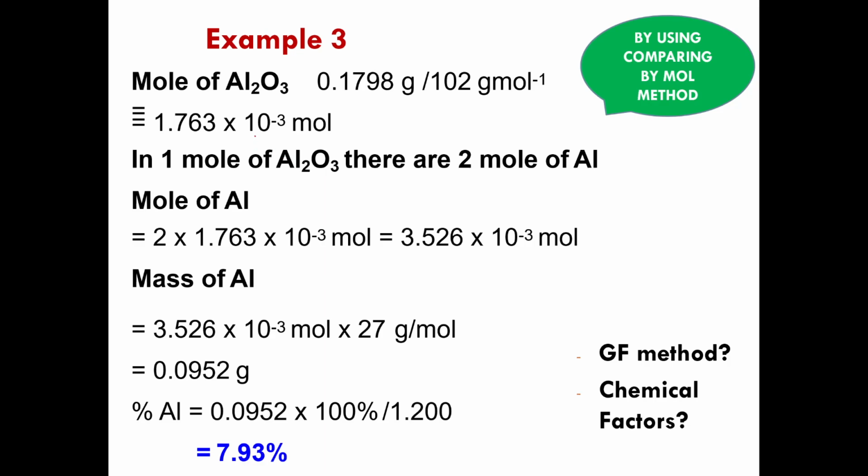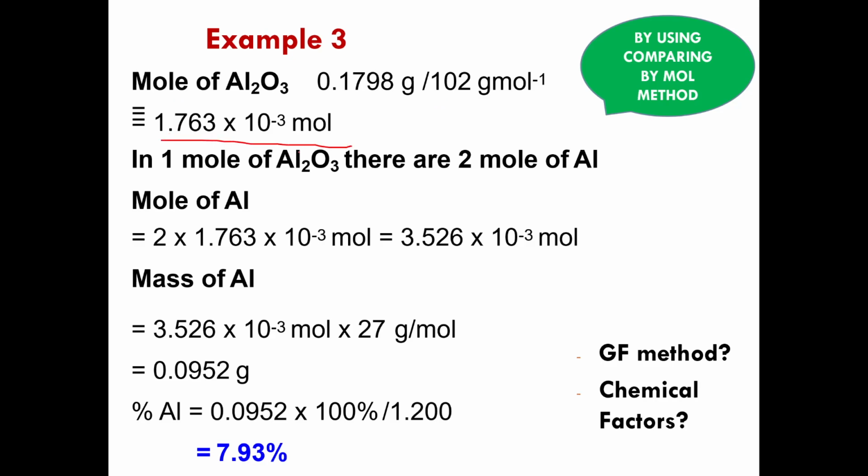The mass of precipitate is given, so you divide the mass of the precipitate by the molecular weight of the precipitate. For Al2O3, the molecular weight is 102 gram per mole. So you get the mole of the precipitate.